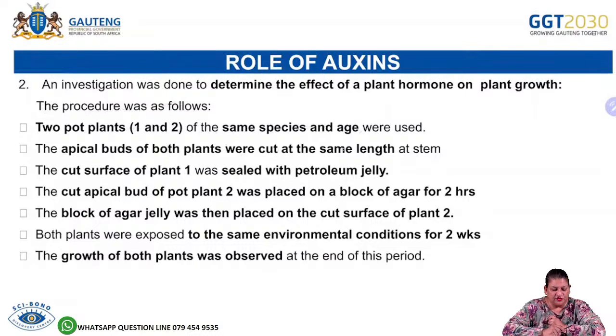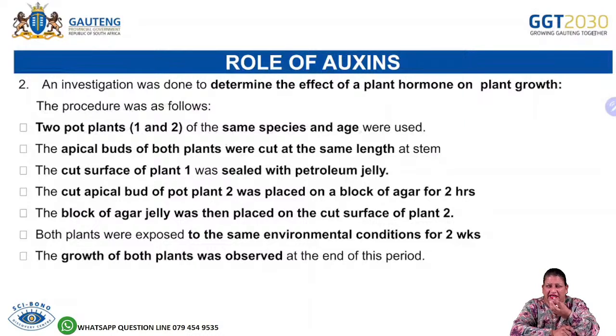The cut surface of plant 1, so now in pot plant 1, when he cut the apical bud, the top of the cut part, the surface, was covered with petroleum jelly. You all know what petroleum jelly is? Simple Vaseline. Okay? So when he cut off the stem tip and removed the auxins, he simply placed Vaseline. And you know, Vaseline does not allow anything to diffuse through.